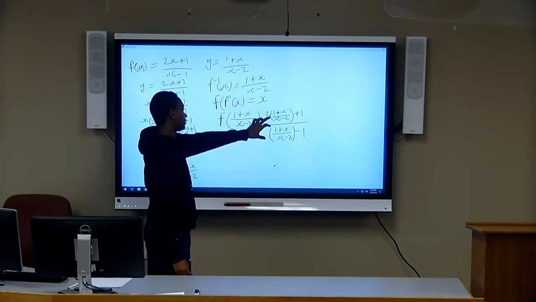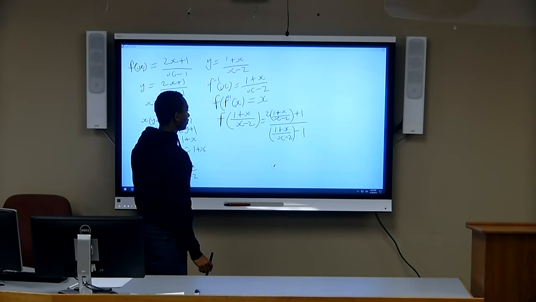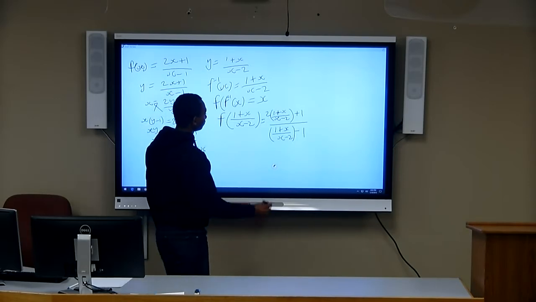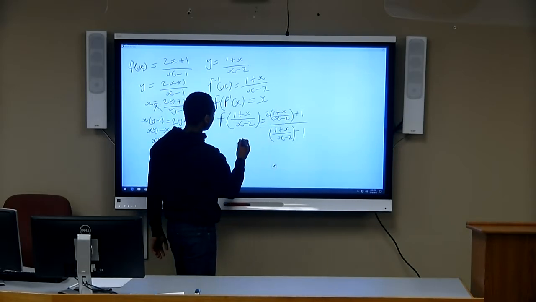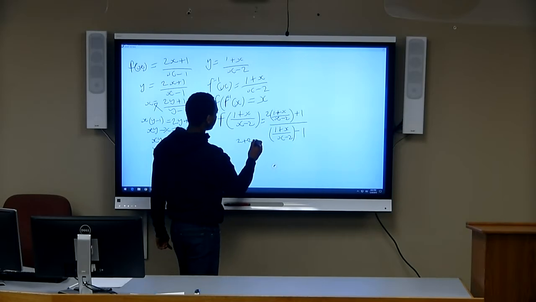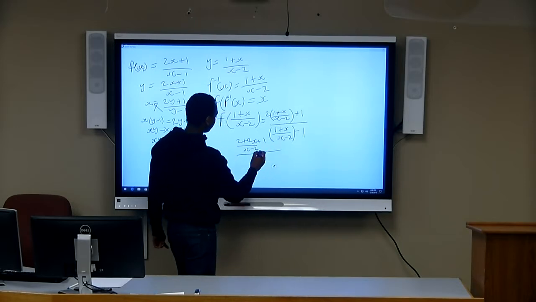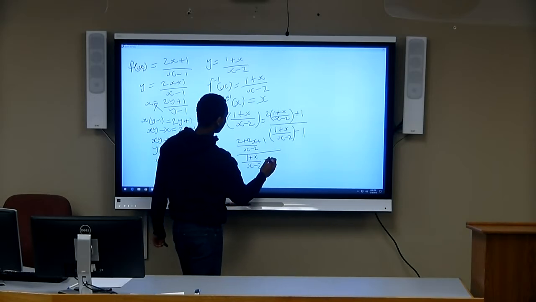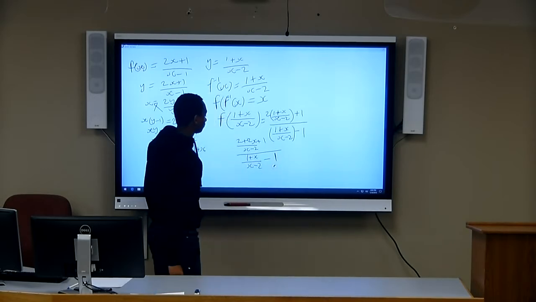Now we're going to solve this and see if it is going to be equal to x. By solving this, it's going to be 2 plus 2x plus 1 over x minus 2, all over 1 plus x over x minus 2 minus 1.